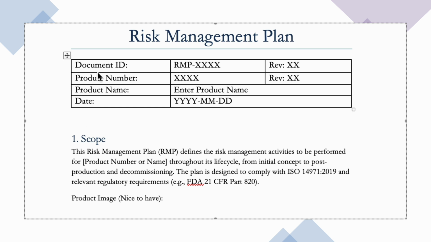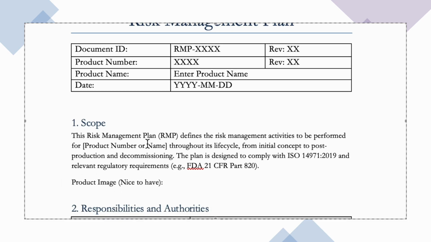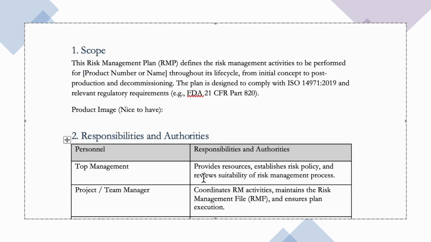You have a title section, you define your document ID, product information. Then comes the scope. You define the scope of this risk management plan, which is applicable throughout its life cycle, from the initial concept to post-production. I always like to have an image of the device that we are addressing here in the risk management file. I think it helps the audience to see the product that you are managing.